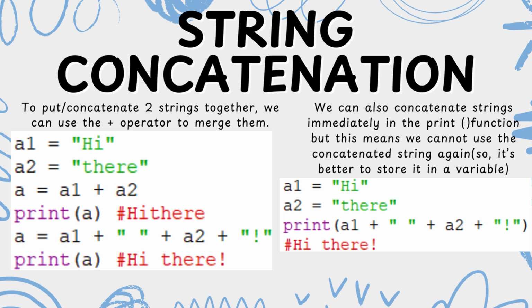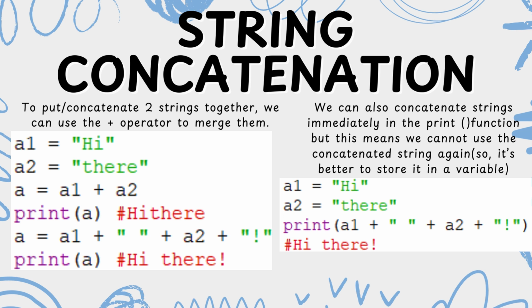So when I say A1 plus A2, both are strings, it gives me hi there, but it's not readable. It doesn't have a space in between. So what I can do is, in the A2 string, put a space before there, and then it prints out as hi, space, there.